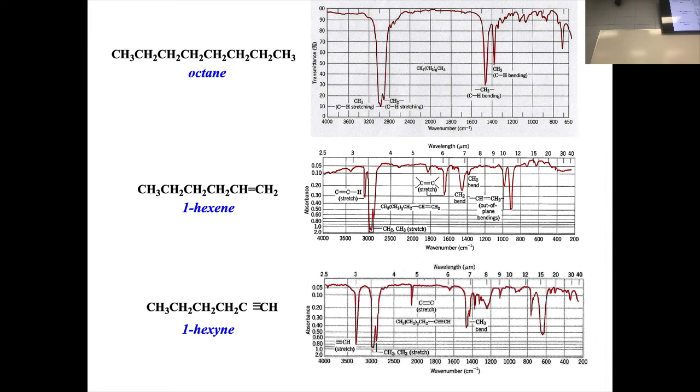I don't know that this formula is actually correct for these spectra, other than the fact that we ran these spectra. I can't get that there's 8 carbons from this spectrum. What I can get is what kind of functional groups I have. This has to be an alkane. This has to be an alkene. This has to be an alkyne. That's what I can get. I can't get the actual formula from an infrared spectrum.